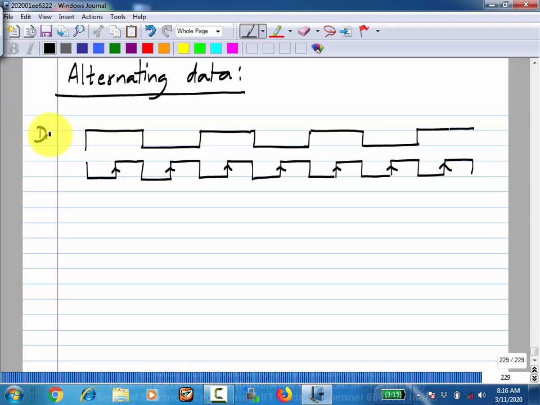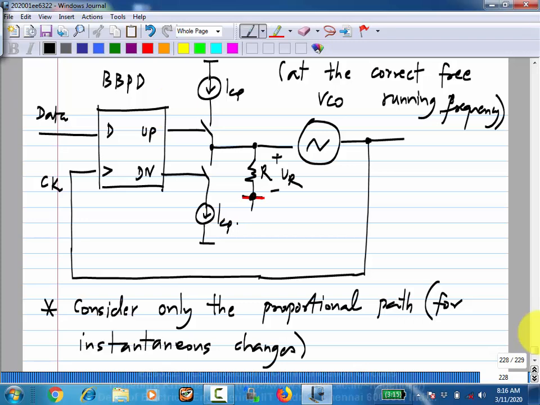So what will up and down look like in this case? So we have up and down pulses here, right? What will they look like?